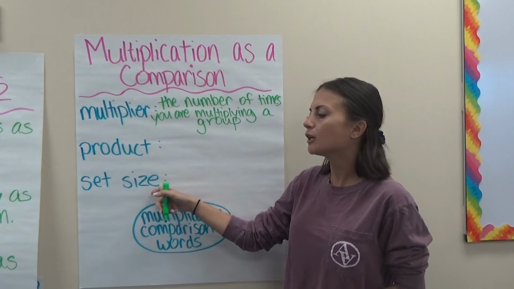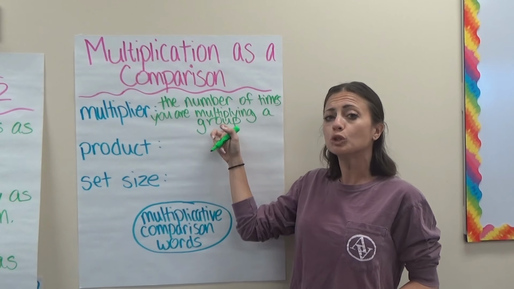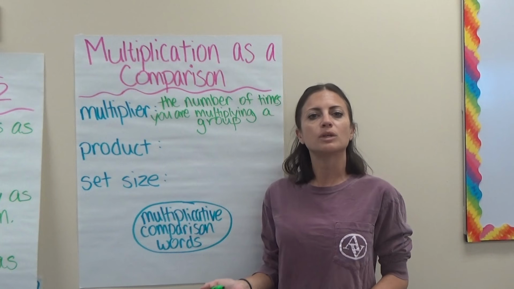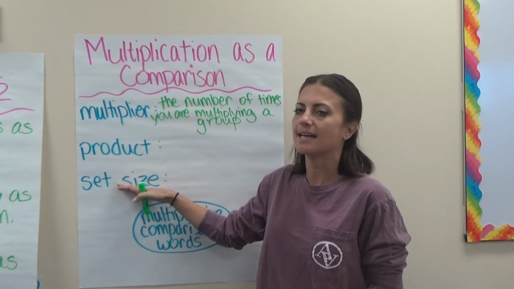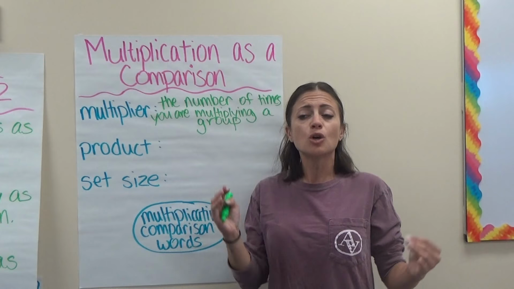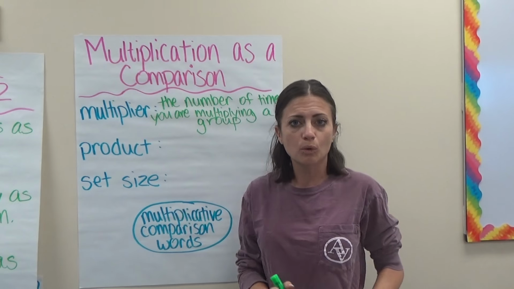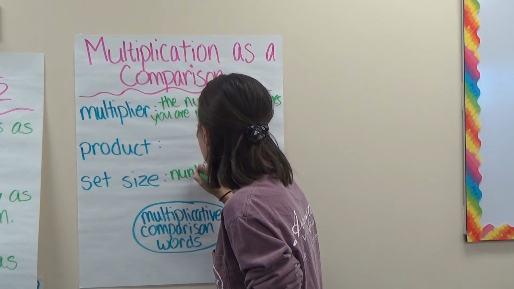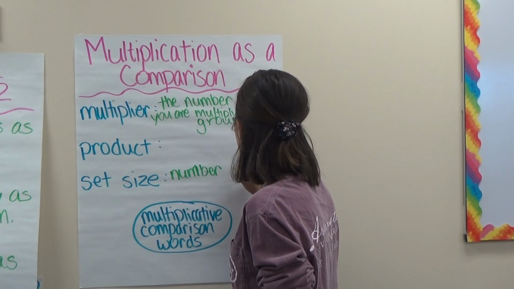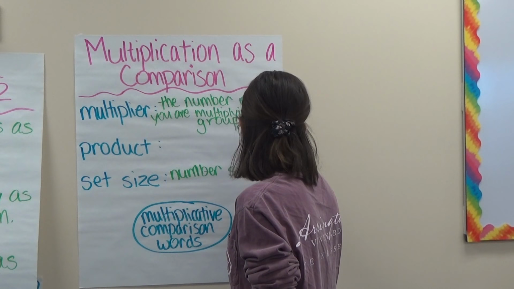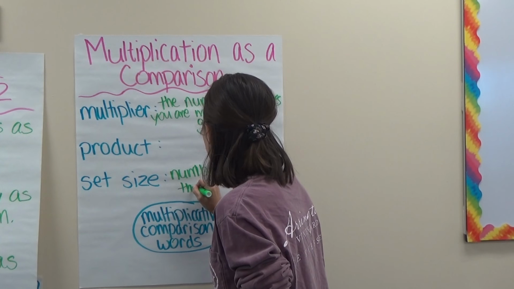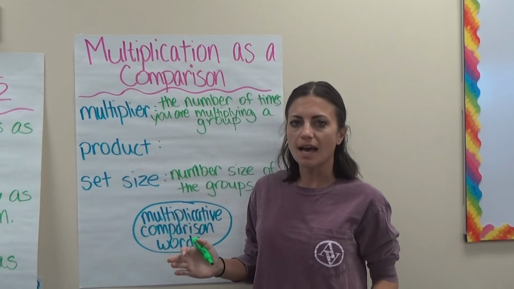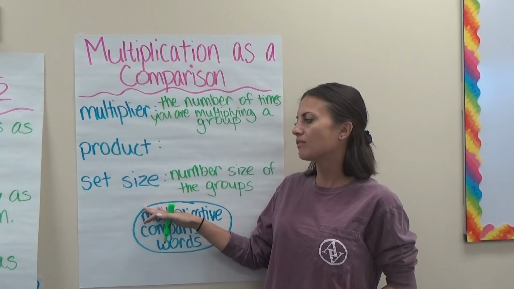Now I'm going to jump down here because when we talk about a group, those are our equal groups we use for multiplication. But when we're talking in an equation, we sometimes refer to that as a set size. The set size is the size within the equal groups we're working with. So the set size is the number size of the groups. We're going to talk about an example of that in a second.